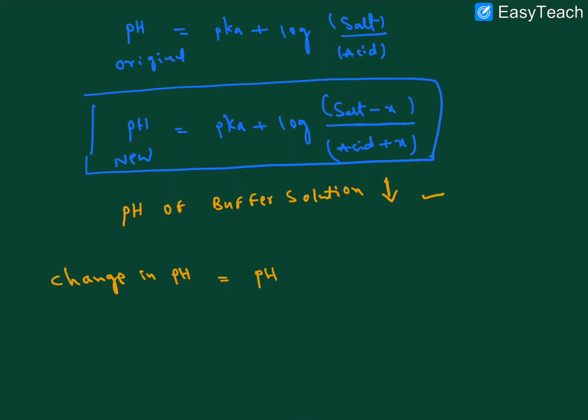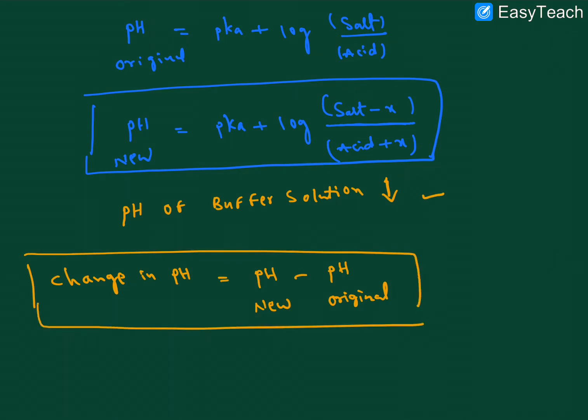So how do we find the change in pH? Change in pH is equal to the pH of the new solution after adding acid minus the pH of the original solution. So this is the change in pH formula. I hope it is clear.